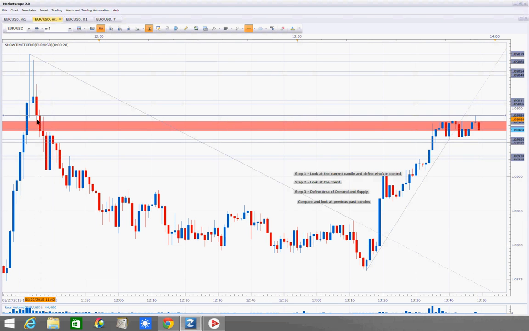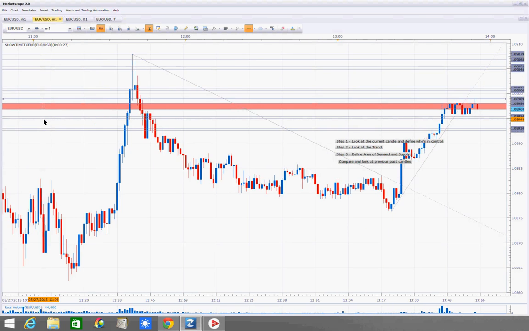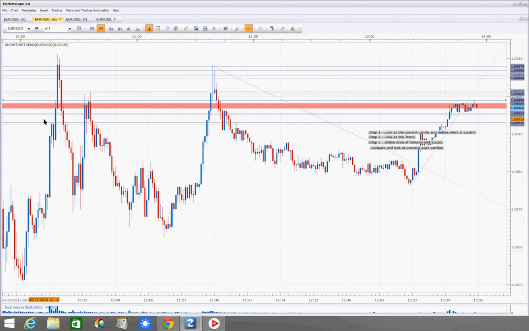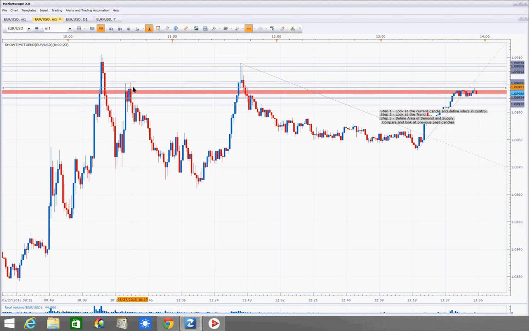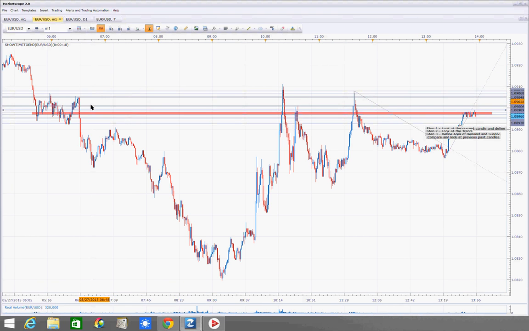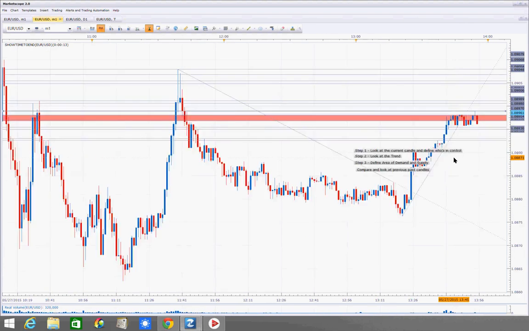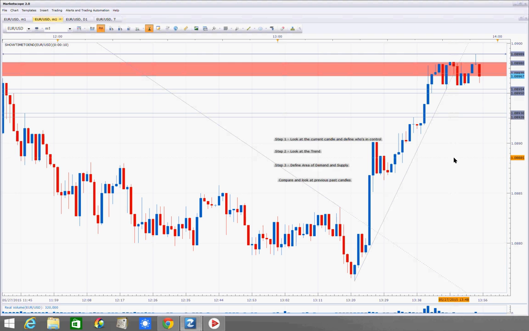Chilling beyond that high right there, in between this supply, in between the two. Alright, still a higher high.